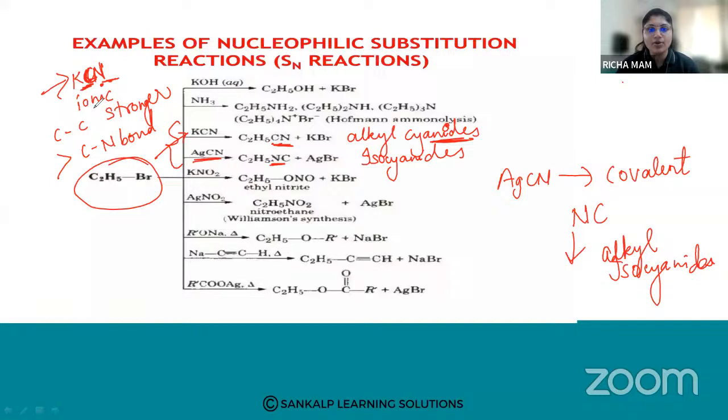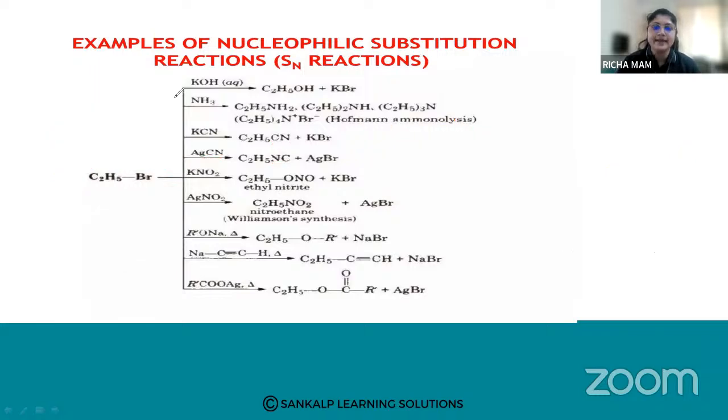However, the C-C bond is stronger compared to the C-N bond, so carbon will get linked with the alkyl group, and thus it will form alkyl cyanides. And AgCN, since it is covalent in nature, only nitrogen is available for linking, and hence it will form alkyl isocyanides as a major product. So like this, you have to explain it. Is it clear?